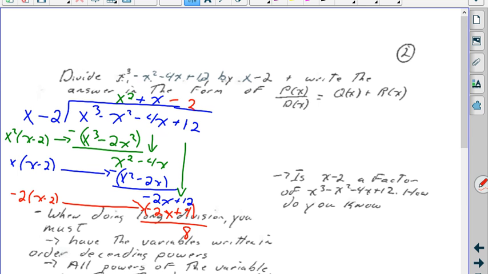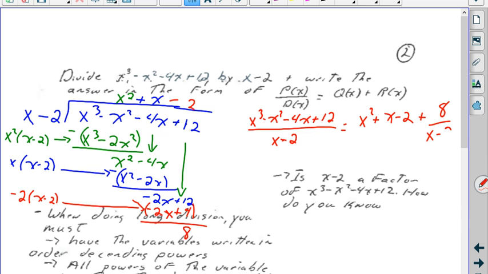So, I'll do one here in a minute the way I do it, because I've found in the last few years I probably should be doing this for everybody to start with. So my division statement is my dividend over my divisor, in this case, equal to x squared plus x minus 2, and then plus 8 over x minus 2.